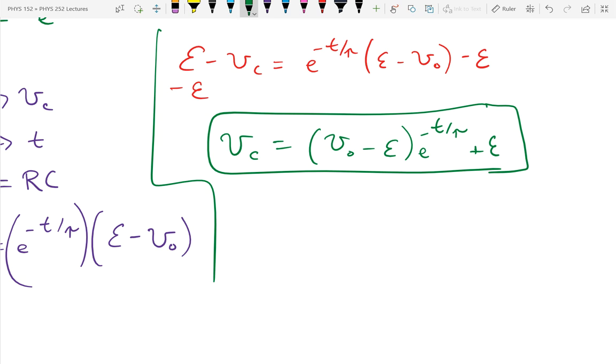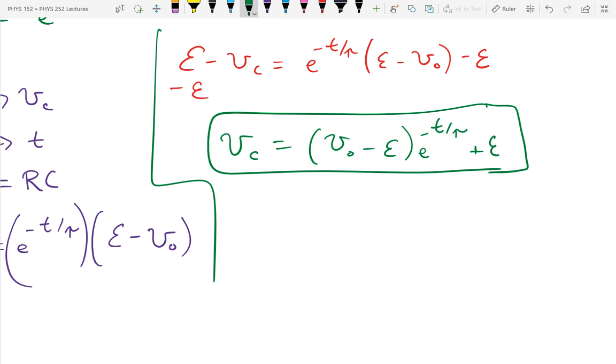Now we have to go through this and say, while it is charging, what was the initial voltage on the capacitor before I started charging? It was 0. What was the rule about the instant I flip the switch, how does the voltage change? Okay, it's going to start to increase, but it has to be continuous, so it can't instantly jump. So the instant it starts it's still 0, because that's where it was before I started.